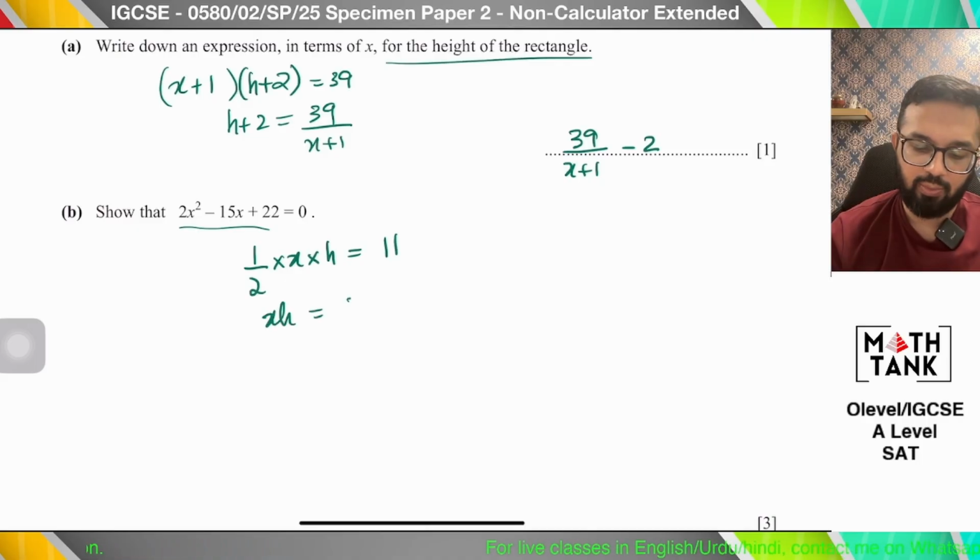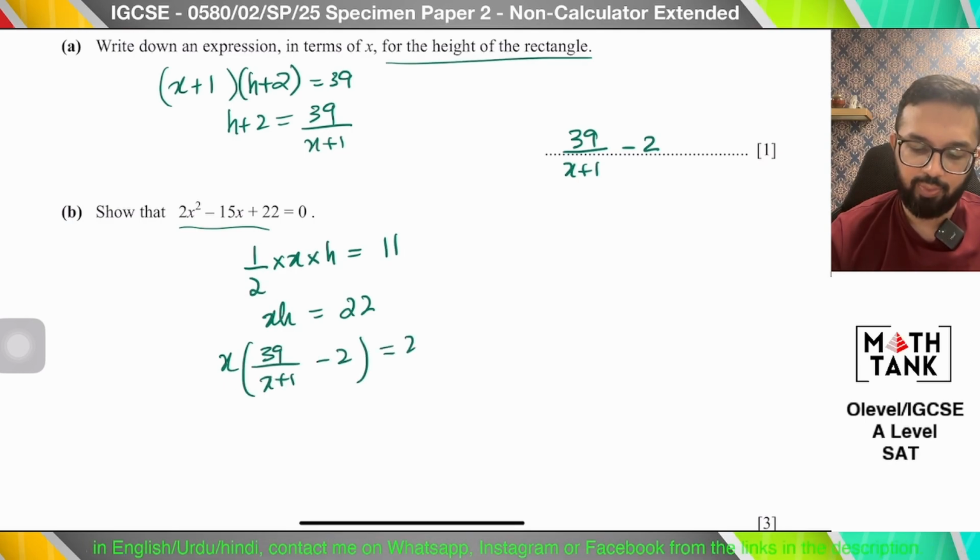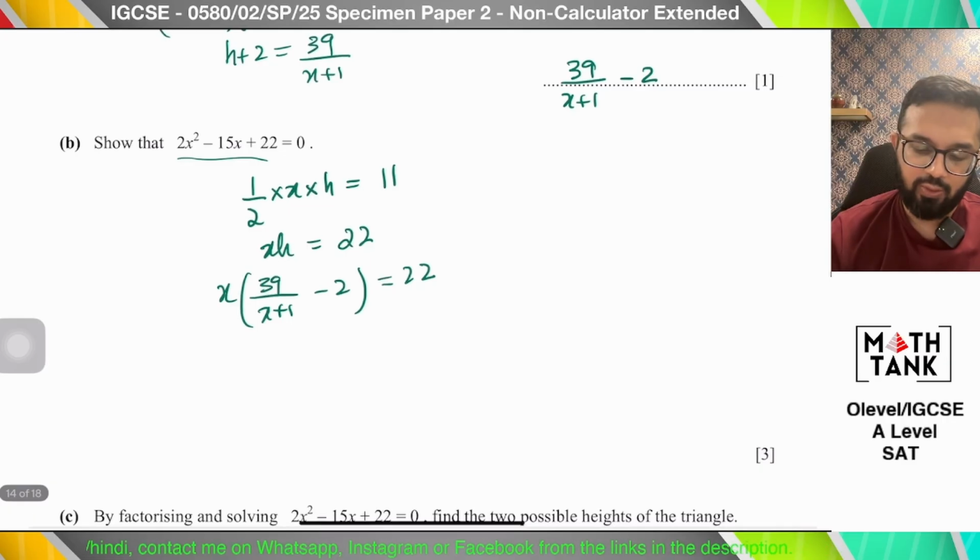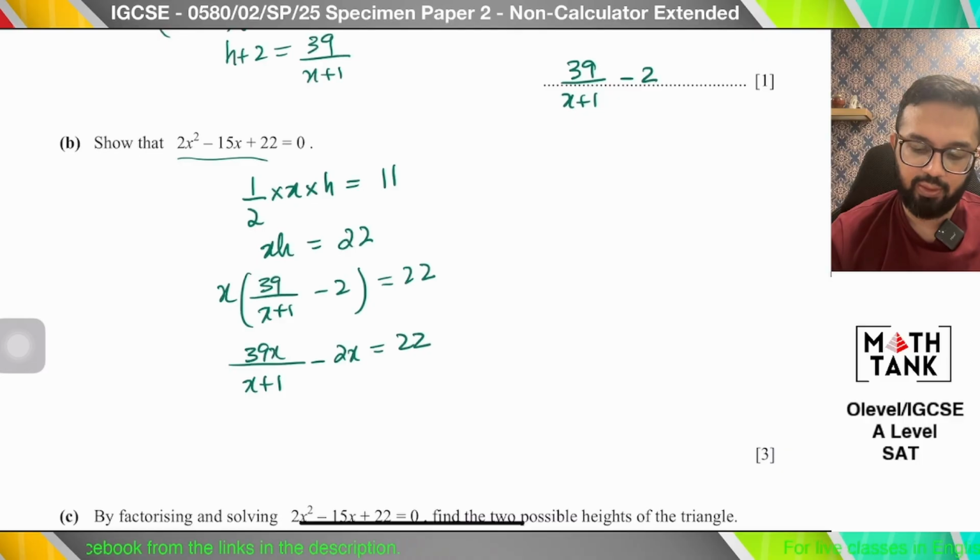So xh equals 22. Now, what is h? h is 39 over x plus 1 minus 2, so 39x over x plus 1 minus 2x equals 22.